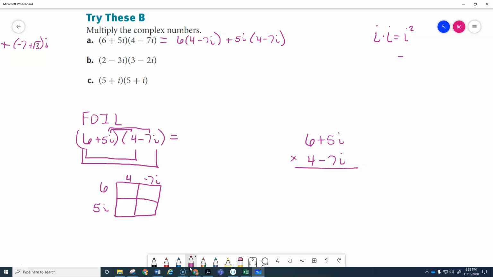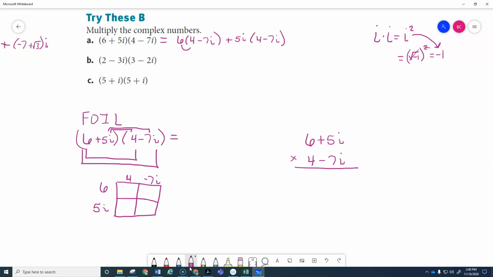Well, remember, i is the value of the square root of negative 1. And what happens when we square a square root? When you square a square root, those two things cancel each other out, and the answer is negative 1. So yes, when you multiply i times i, you do get i squared, but i squared simplifies down to negative 1, and that's going to affect our final answer.